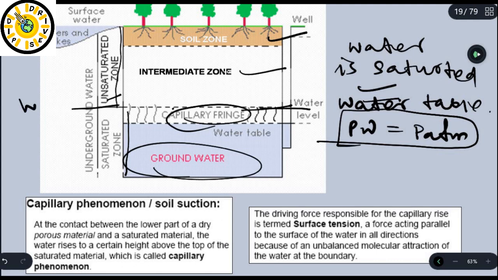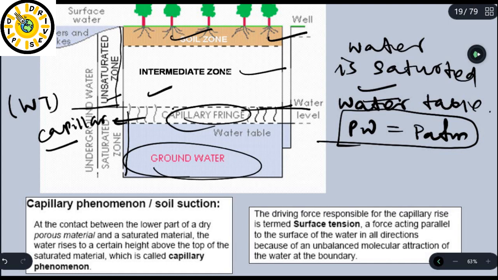Below that, in the saturated zone, is the capillary fringe, the zone above is the intermediate zone, and the upper zone is the soil water zone. This part is unsaturated, this part is saturated.